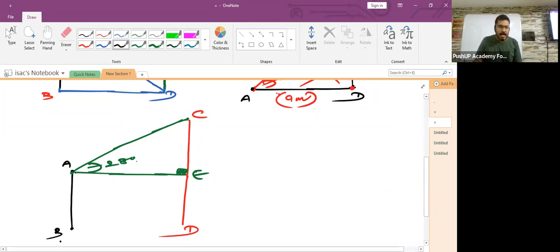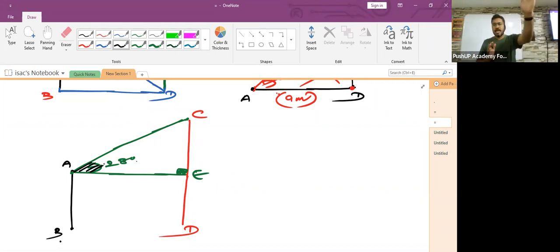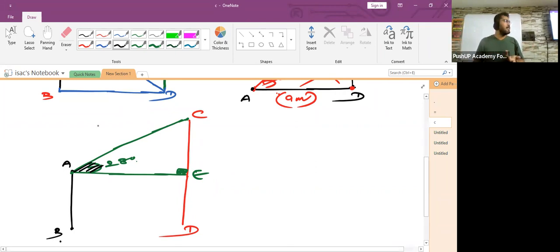Yes. Because I always tell you, angle of elevation or angle of depression has to be in between the line of sight as well as the horizontal. Have I followed the properties here? What is AC? AC is the line of sight. What is AE? AE is the imaginary horizontal.